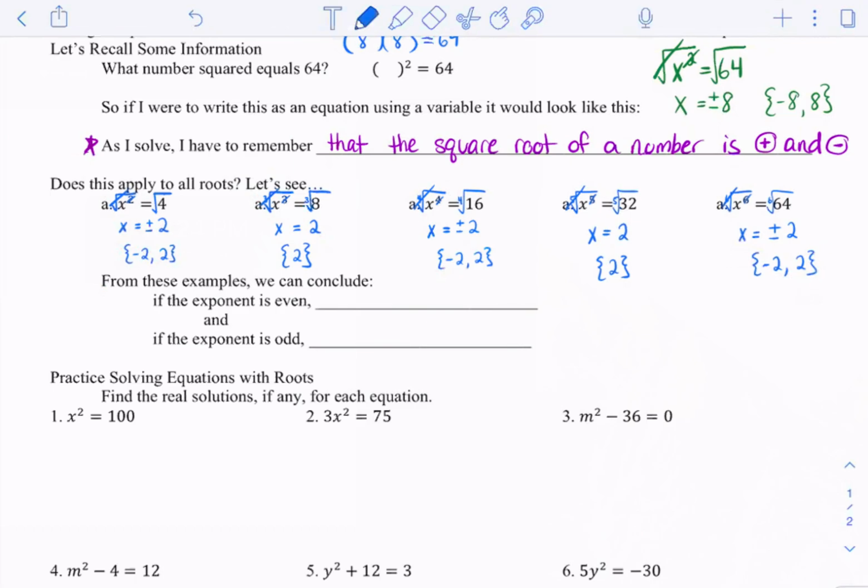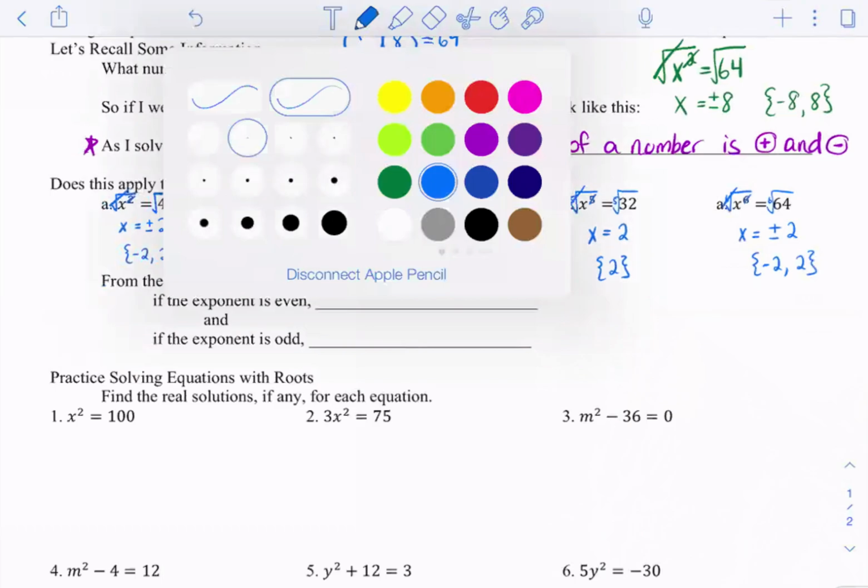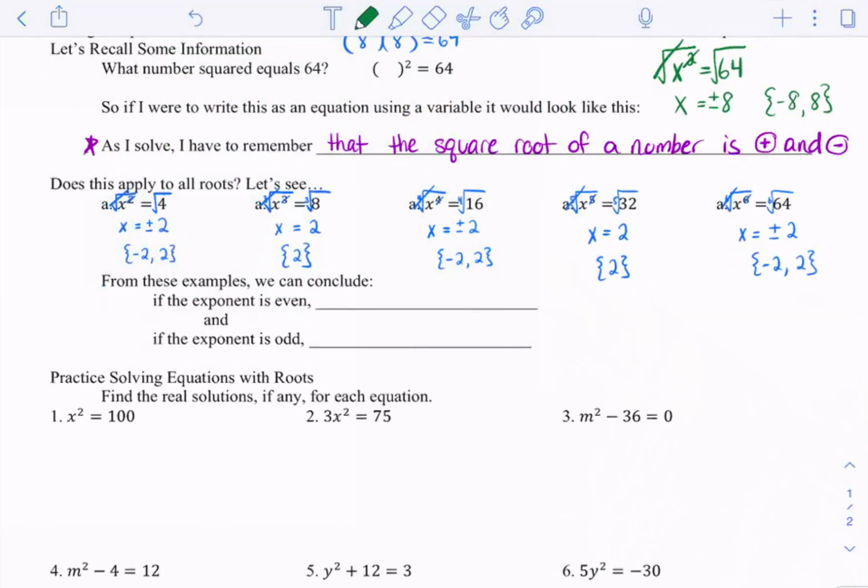So in these examples, we can conclude if the exponent is even, then the solution is plus or minus, positive and negative. All right? So then let's look at every time it's odd. So here we have an odd and here we have an odd, and I'm sure if we keep going, the same thing will happen.